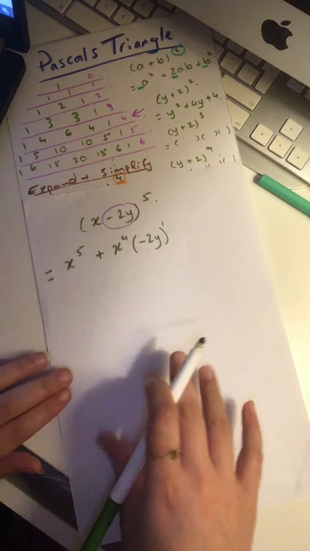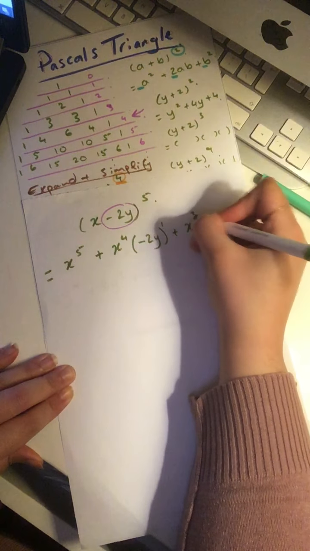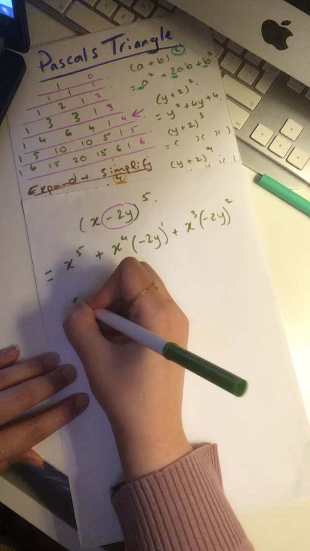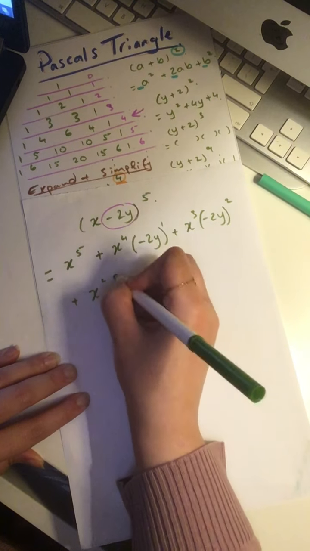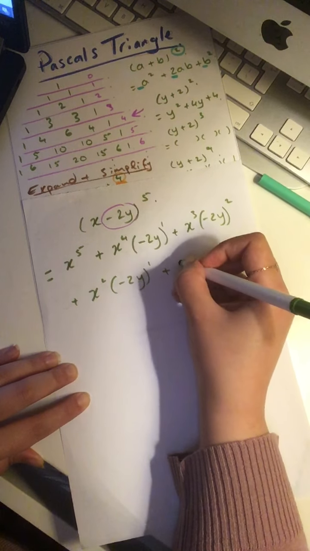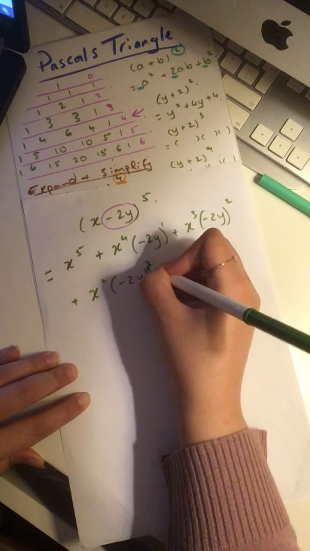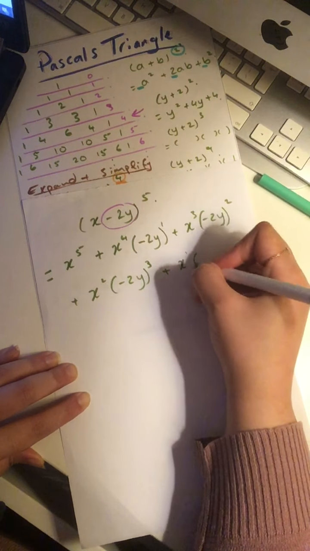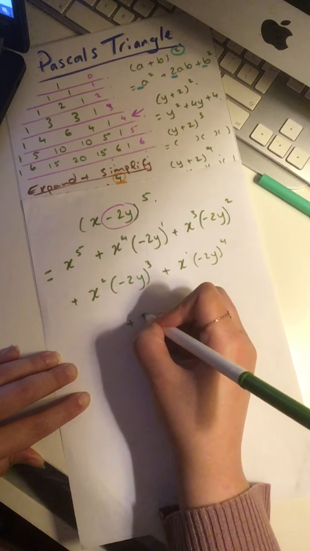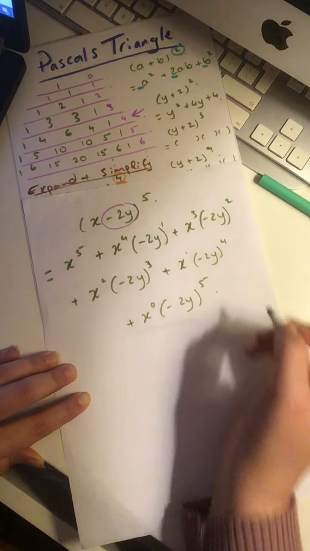Okay, and then the next one, plus x to the power 3 times minus 2y to the power 2, and then x to the power 2 times minus 2y to the power 3, then x to the power 1 times minus 2y to the power 4, and then x to the power 0 times minus 2y to the power 5.